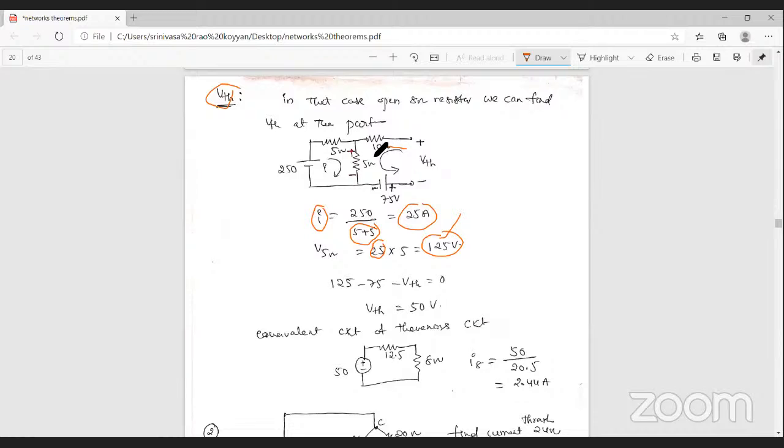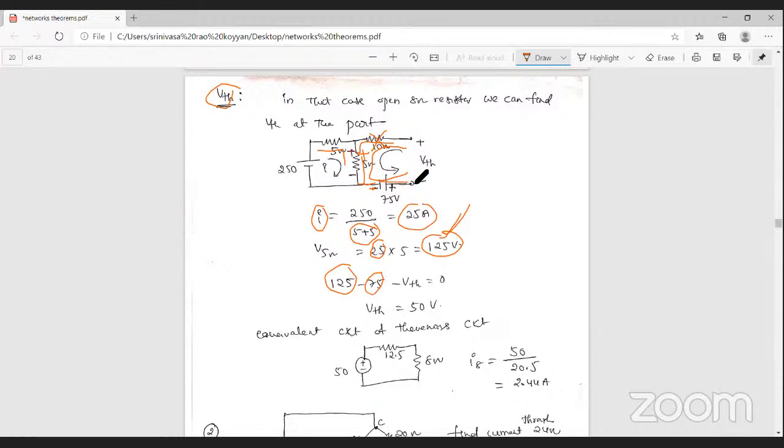Applying loop analysis in this path, it is an open path, so the current through the 10 ohm resistance is 0, and the voltage is 0. But the current is passing in this loop, so the voltage is present here. What is the voltage? 125 volts, with positive and negative polarity. The current direction is like that, so first we get positive 125. Then the current enters the voltage source at its negative starting terminal, so minus 75.